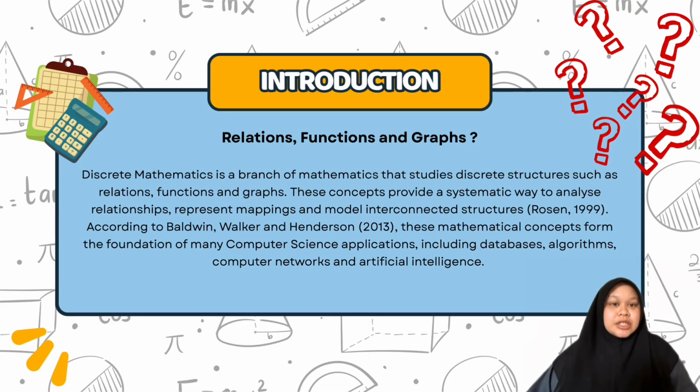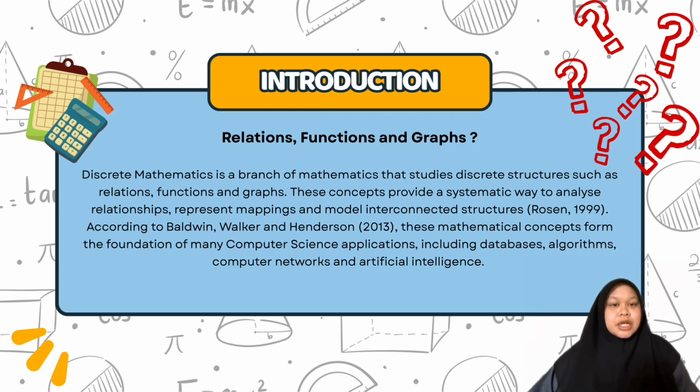So this topic, relations, functions and graphs, is a concept that provides a systematic way to analyze relationships, represent mappings and model interconnected systems. According to Rosen 1999, these concepts are fundamental in understanding mathematical structures used in computing.